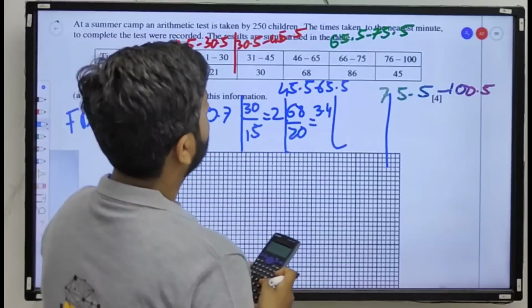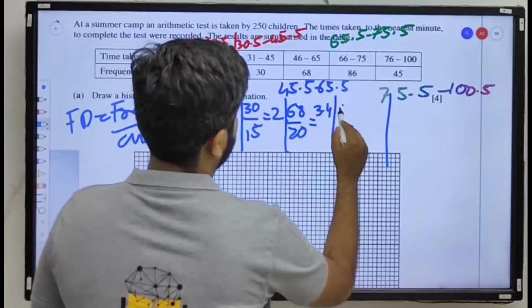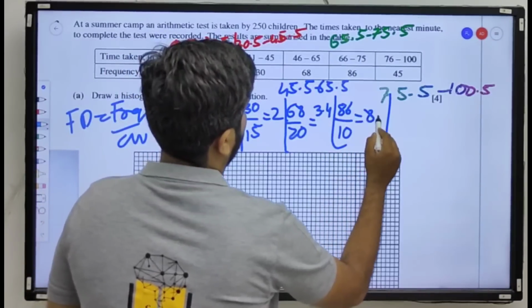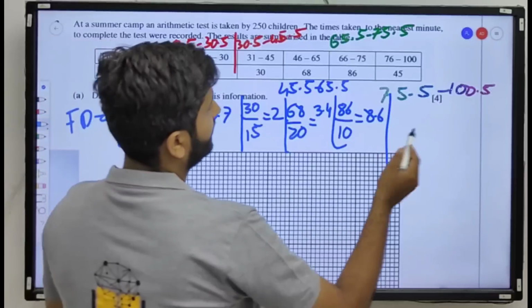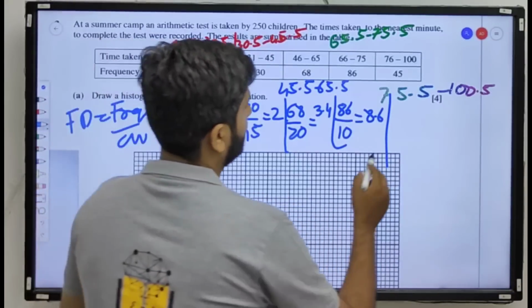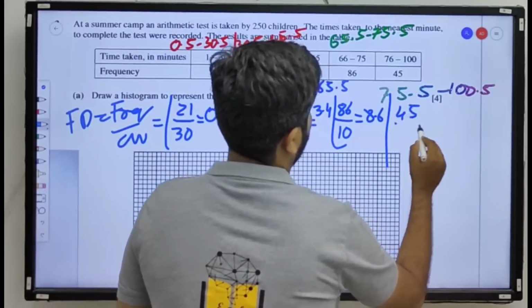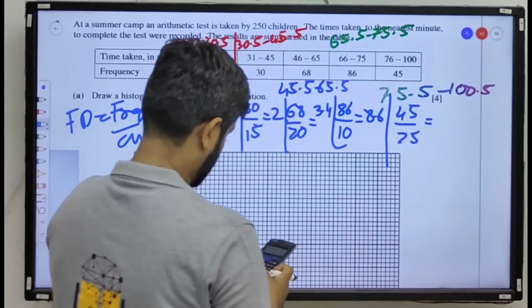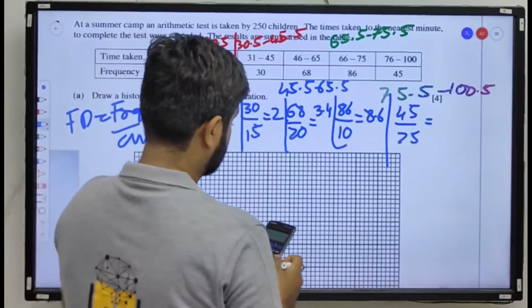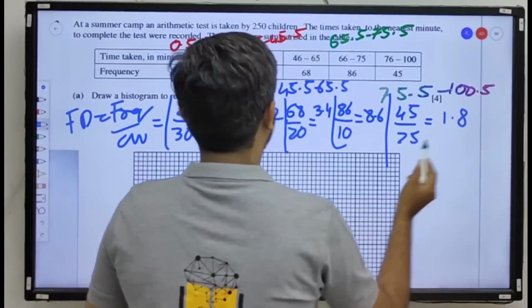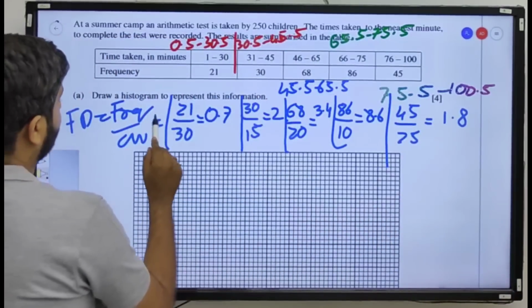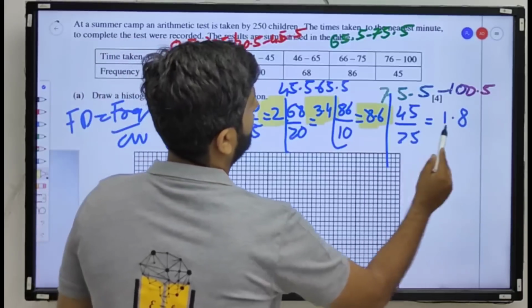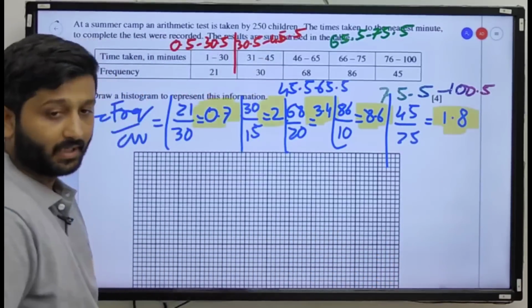Next, 86 is my frequency, class width is 10, so 8.6. And then frequency is 45 and class width is 25. So 45 divided by 25 is 1.8. These are my respective frequency densities: 0.7, 2, 3.4, 8.6 and 1.8.